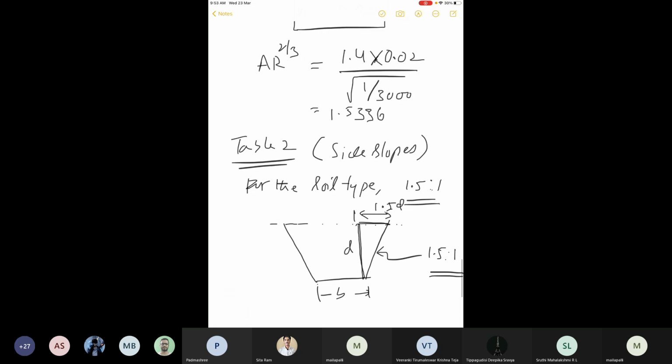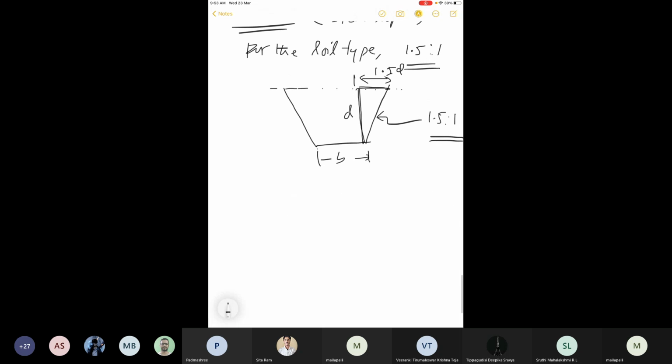Okay, so now, what would be the top width? Okay, so let's say the top width will be B plus 1.5 D plus 1.5 D. So that means here also you get 1.5 D, and this is B, right, based on the geometry.